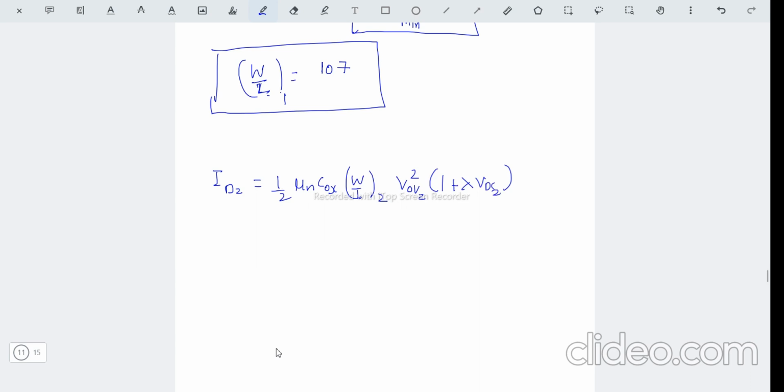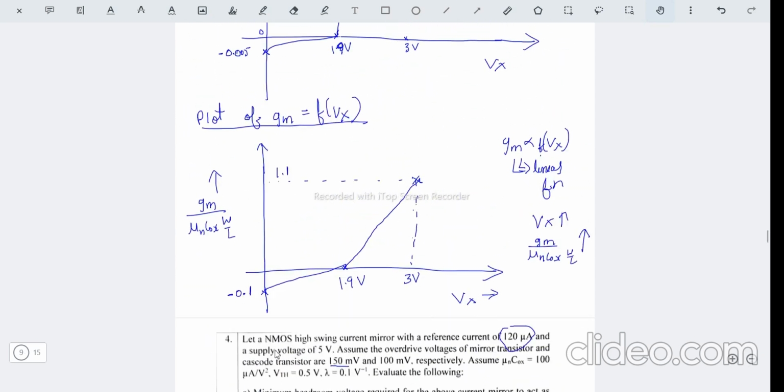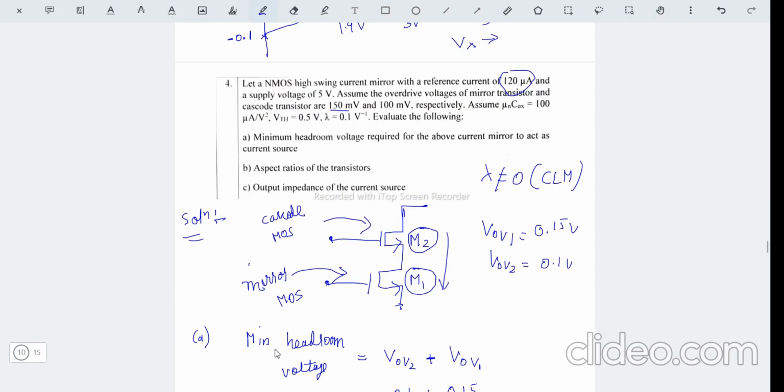Since the channel length modulation effect is present, the 1 plus lambda VDS term comes into the picture. So W over L of 2 is ID2 into 2. ID2 and ID1 are the same, because the same 120 microamp current flows through ID1 and ID2.